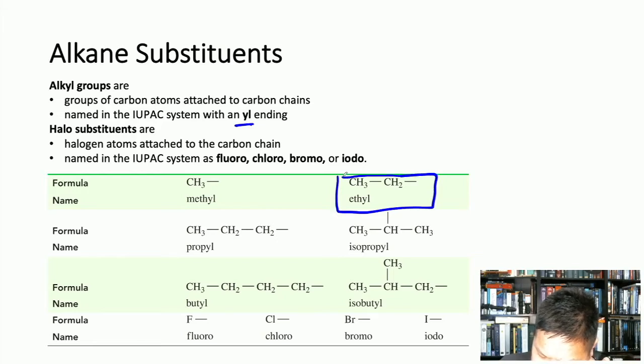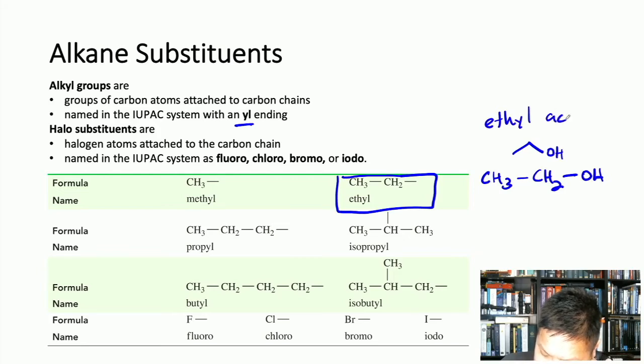If we were to draw that, CH3, CH2, and then put an OH there, let's draw a line angle that looks like that too. This would be referred to as ethyl alcohol, right?